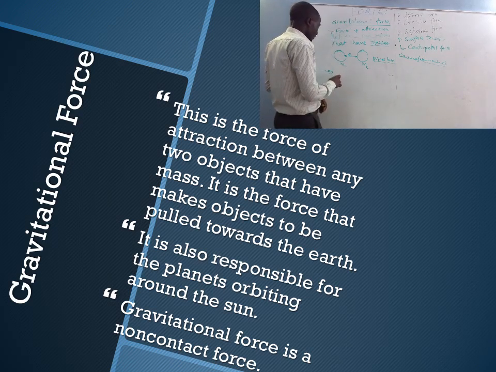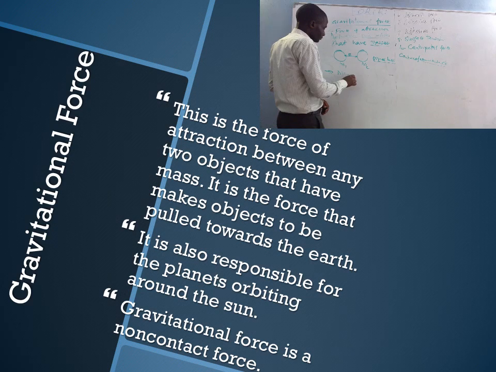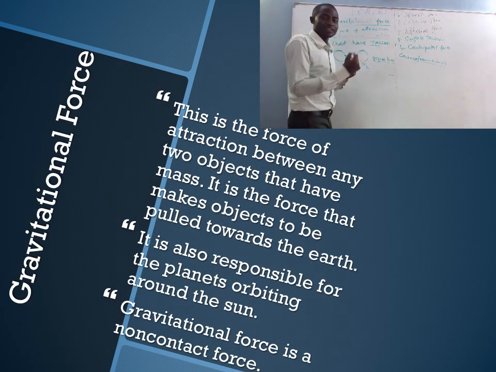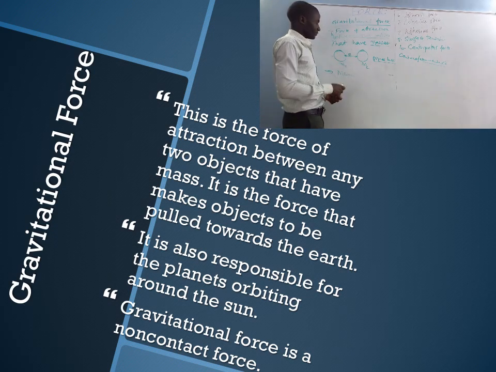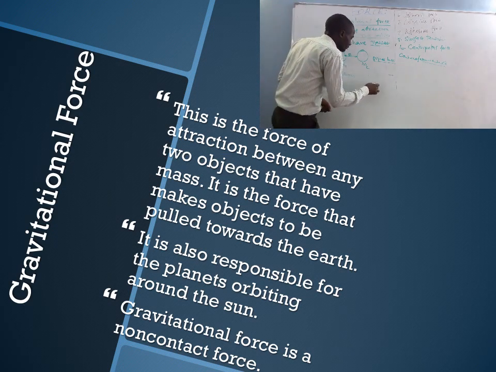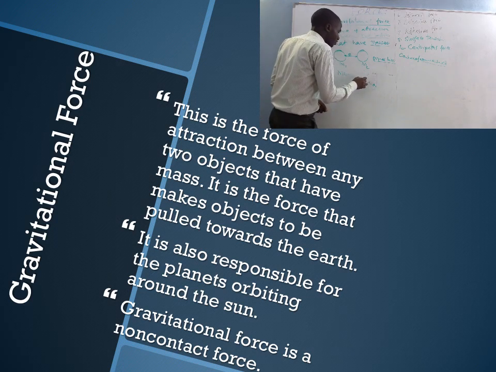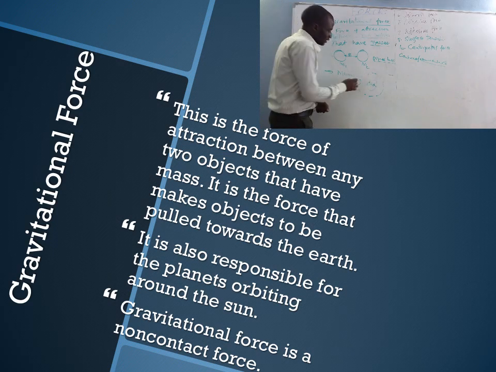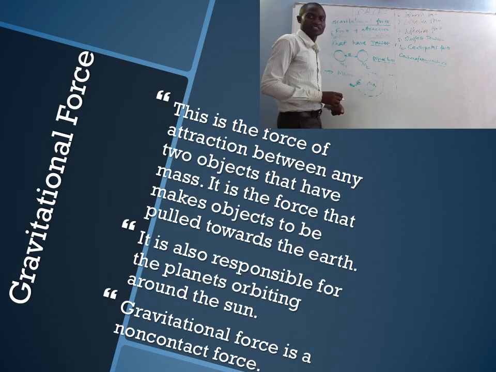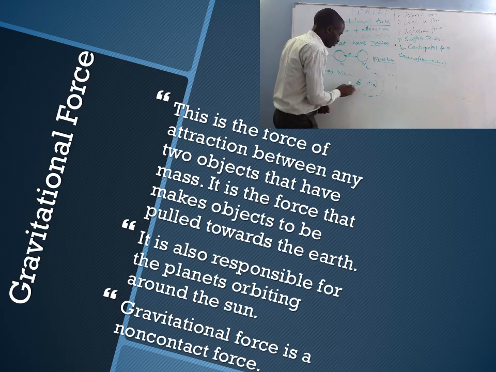Another example is the moon. The moon experiences a gravitational pull of attraction towards the Earth as it orbits the Earth. The moon has got some mass, although very much lower than that of the Earth. So the Earth also has a mass.